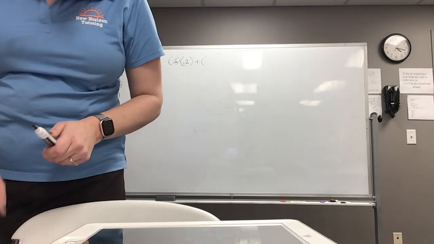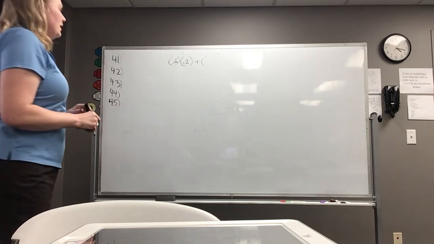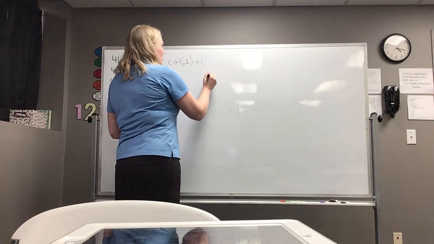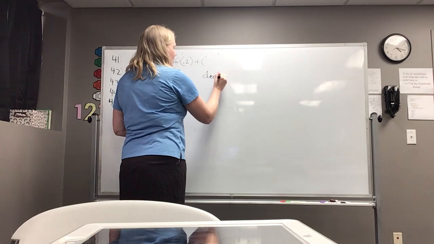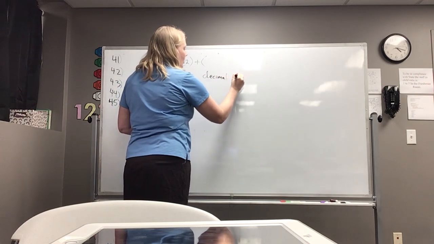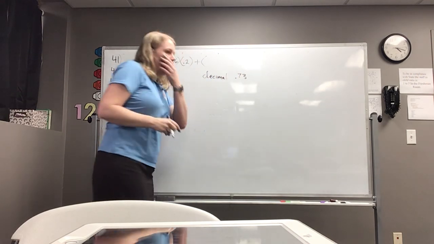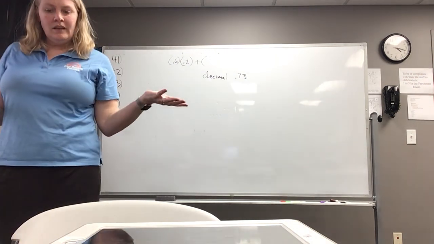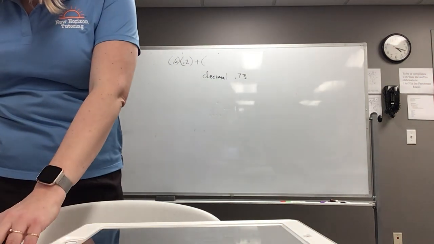And so you add all of those together and you should be getting a decimal. What decimal do you get? Okay. So this is that expected value.